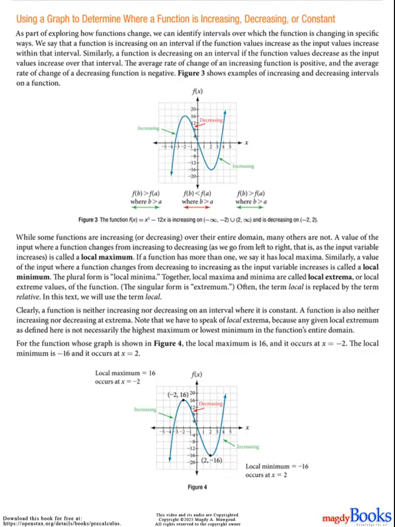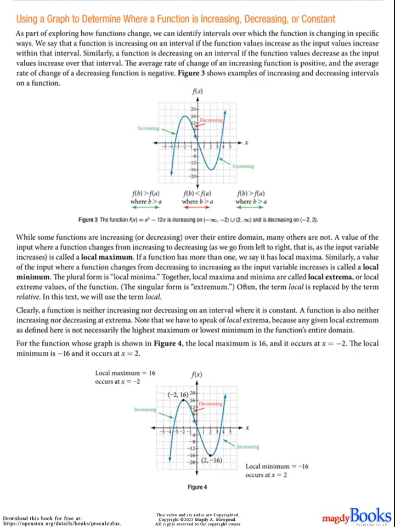Figure 3 shows examples of increasing and decreasing intervals on a function. Figure 3. x, f of x. Increasing. Decreasing. Increasing. f of b is greater than f of a, where b is greater than a. Increasing. f of b is less than f of a, where b is greater than a. Decreasing.